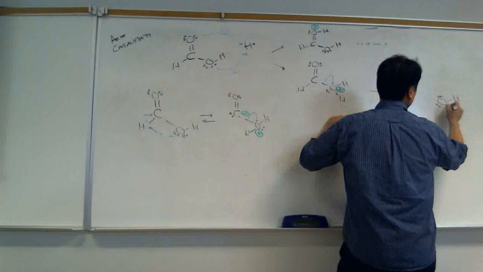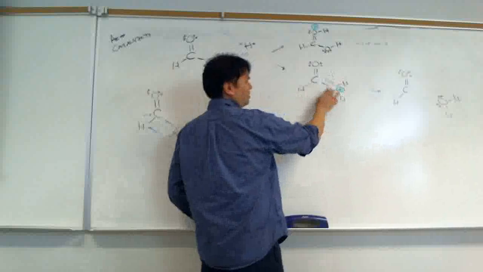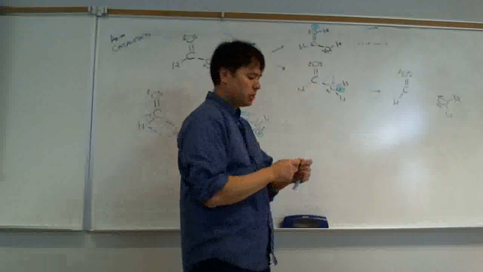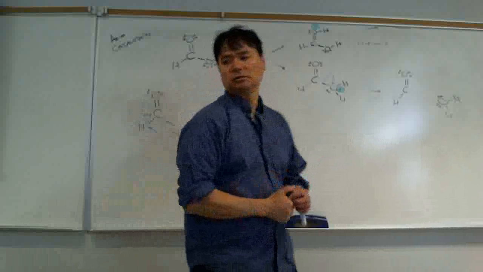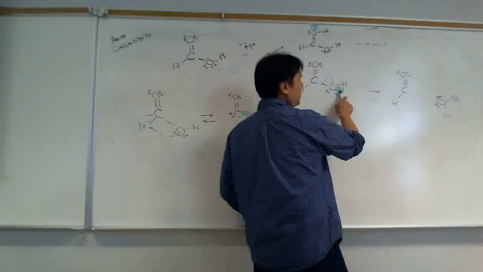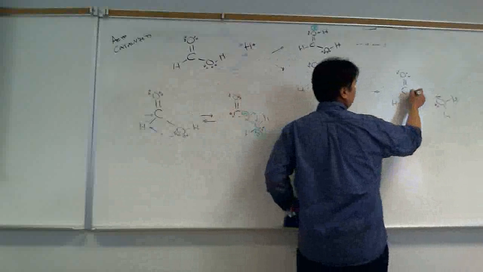It'll be water. And so this bond breaks, leaving the electrons with oxygen here. But that puts the formal charge on. Okay, now oxygen has lost the positive charge, but now the positive charge is on carbon.